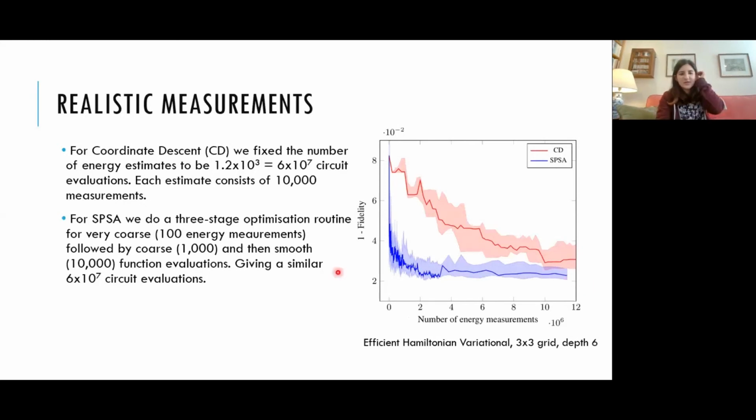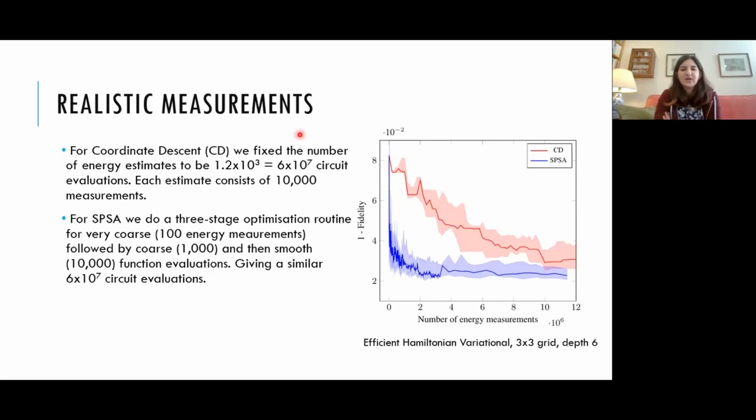SPSA is a form of stochastic gradient descent, but with coordinate descent you're basically optimizing one parameter at a time. If you want to optimize the first parameter, you fix all the other ones and vary that one to find the minimum.